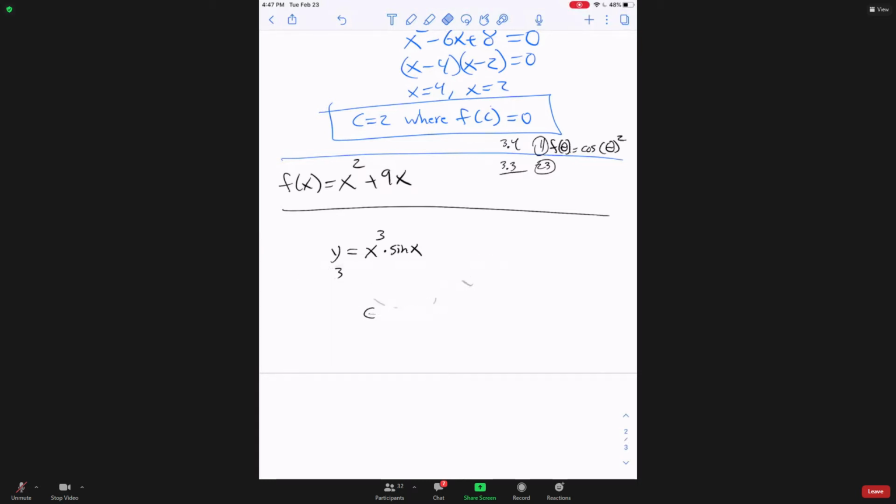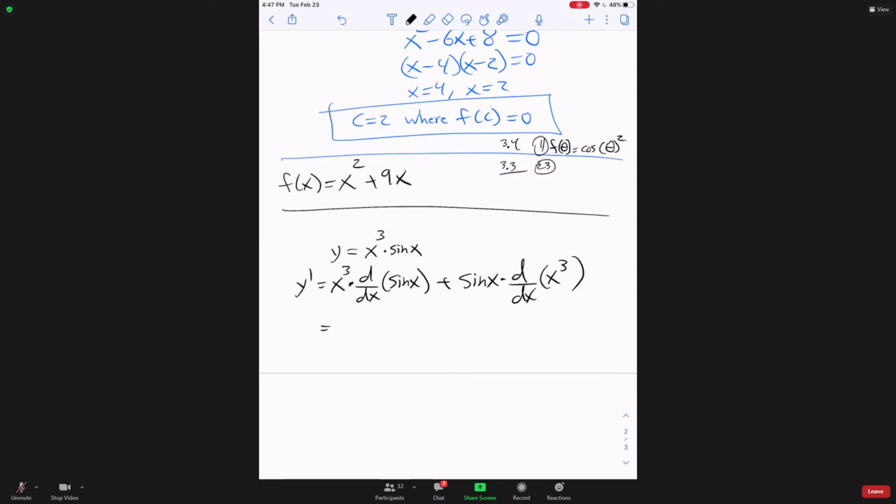Here's where it gets a little bit questionable. Someone might write it like this: first times the derivative of the sine of x plus the sine of x times the derivative of the x to the third.